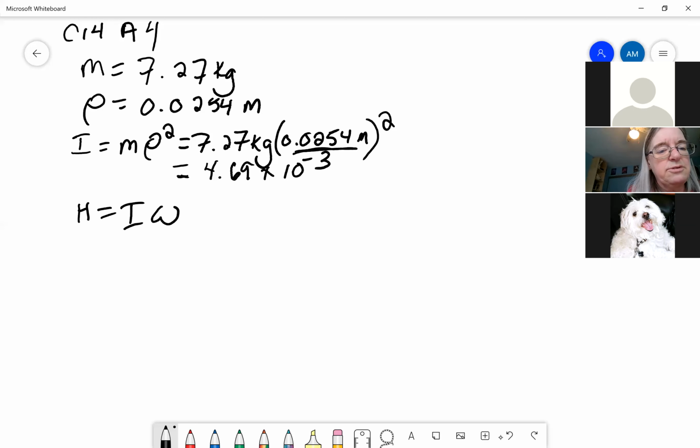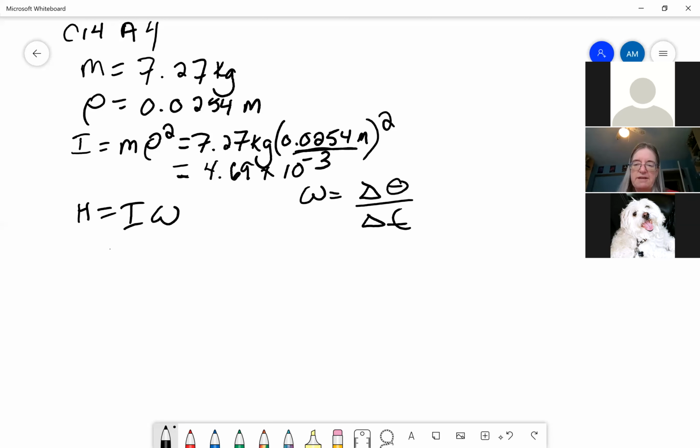So we need to have angular velocity equals a change in angle over a change in time. It does 7 complete revolutions in 2.5 seconds. So again, we can't put 7 revolutions divided by 2.5 seconds.